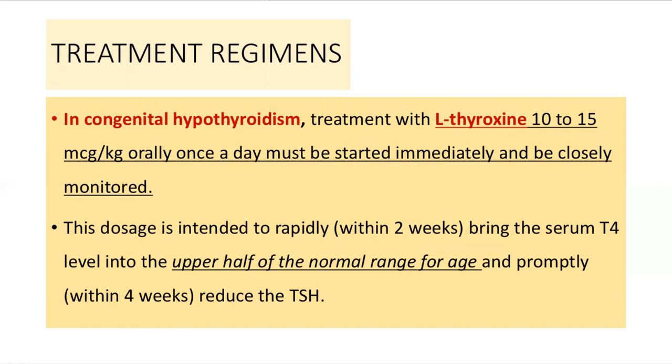We reduce the TSH within 4 weeks. يبقى أول ما بنشخص congenital hypothyroidism بندي treatment as soon as possible أو immediately 10 to 15 microgram per kg orally once per day. وبنمونيتور إن إحنا نخلي النسبة بتاعت ال T4 في ال normal range, upper half of the normal range.